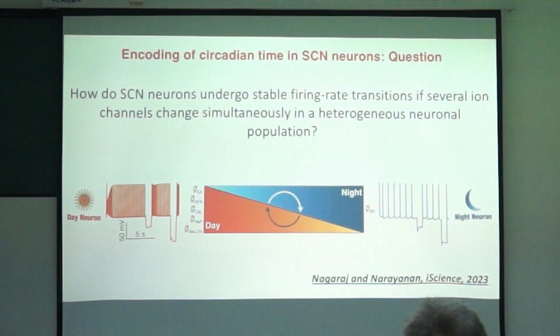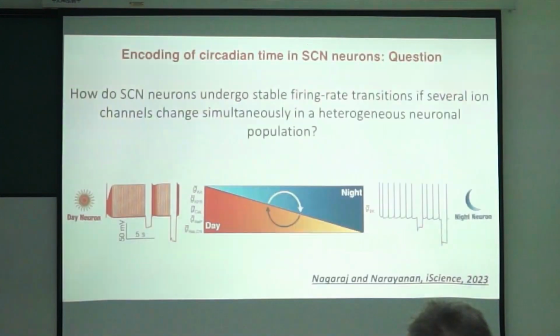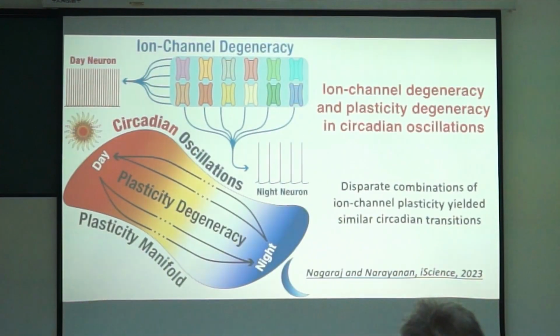What Harshit did was ask the question: if you have heterogeneous neuronal populations in the suprachiasmatic nucleus, and you have so many things changing, how do you even go through this? Cutting a long story short, what he found was that you can go from day-like neurons to night-like neurons through several different routes with several different combinations.